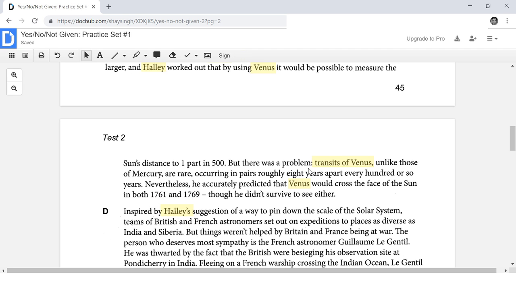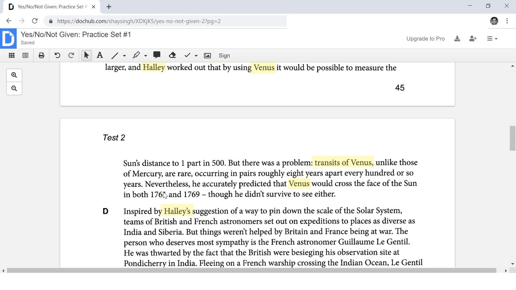But there was a problem. Transits of Venus, unlike those of Mercury, are rare, occurring in pairs roughly 8 years apart every 100 or so years. Okay, I still haven't found anything matching my question sentence, so I'm going to read the next sentence, and maybe we might find something there.